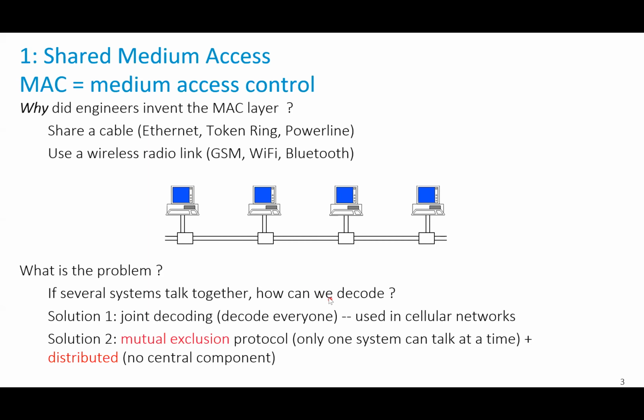So the problem is, how can we decode a signal when there is a collision? With today's technology, if some of you take the course on mobile communication by Bixio Rimoldi, for example, you will see that there are mechanisms for joint decoding. You should not be stupid.